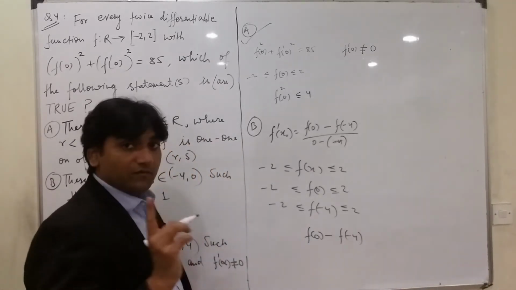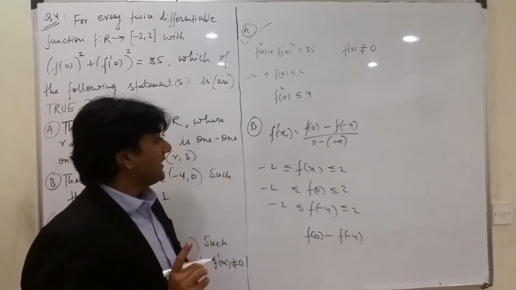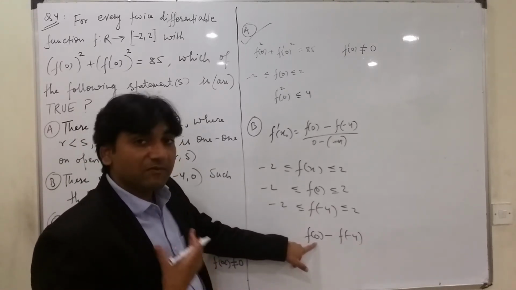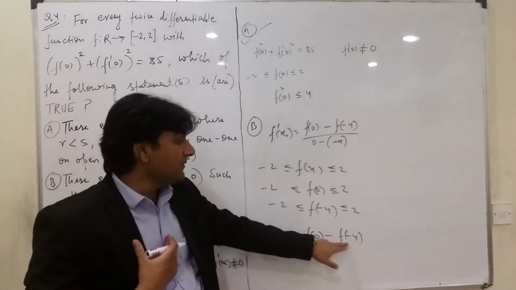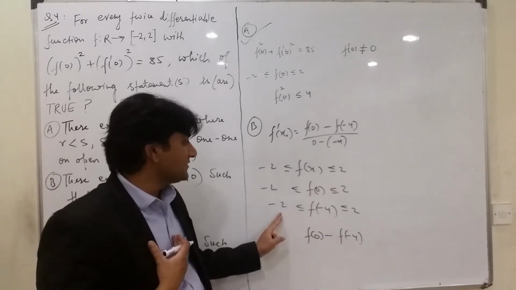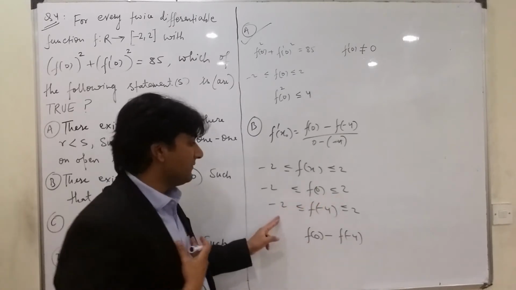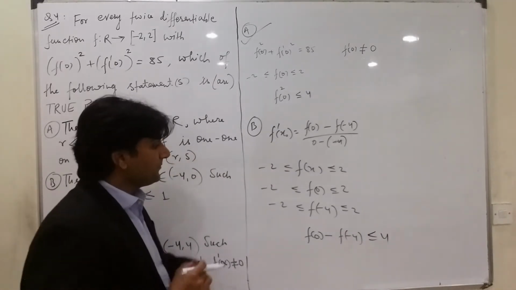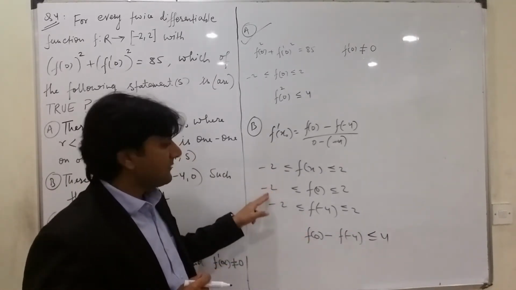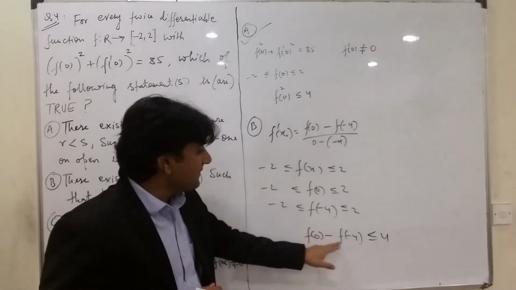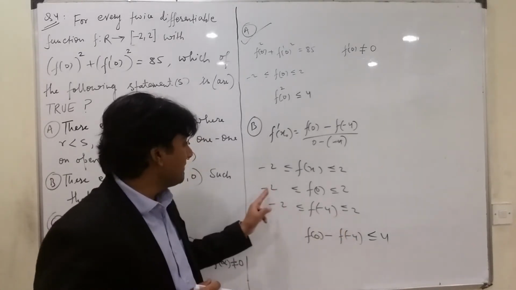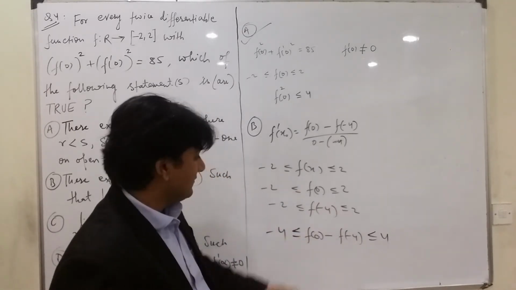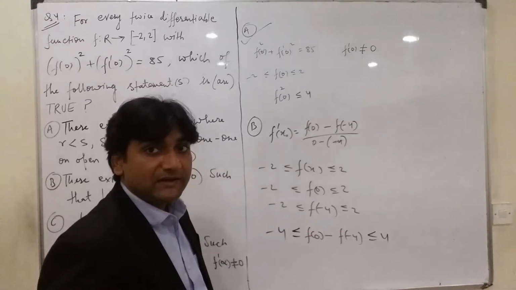The maximum value of f of 0 can be 2. The minimum value of f of -4 can be -2. So 2 minus of -2, maximum it will be 4. And the minimum f of 0 can be -2, and minus of f of -4 can be -2, so it is -4. So -4 to 4 is the range of f of 0 minus f of -4.